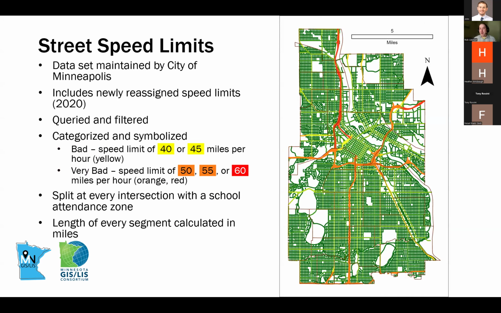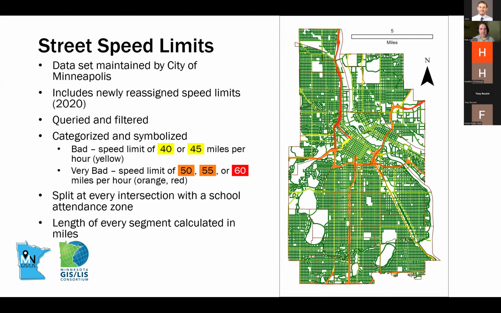Another theme that I very regularly came across in my research that contributes to safe or not safe bikeability is the speed of cars. Sometimes also the volume of cars, but particularly the speed. The city of Minneapolis has a data set with the up-to-date speed limits for all the streets in the city, many of which were reassigned in 2020, generally lowering speed limits across the city. In terms of querying these, just like in the last data set, I removed pedestrian infrastructure.